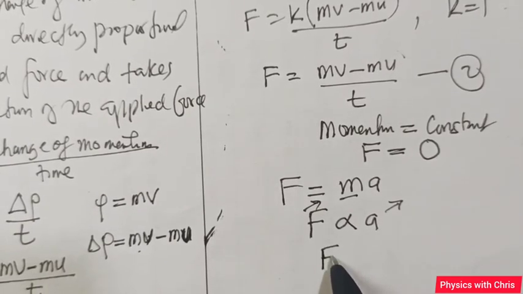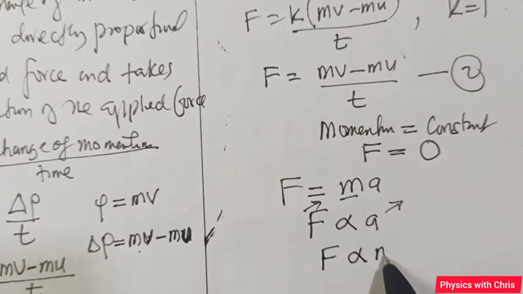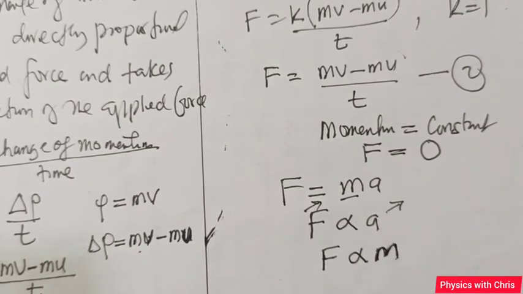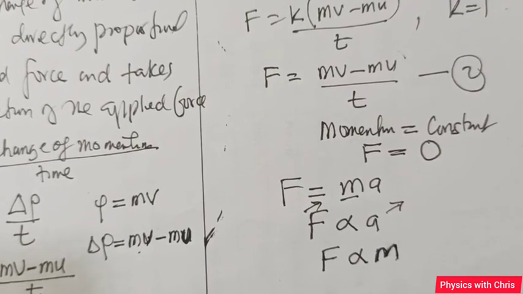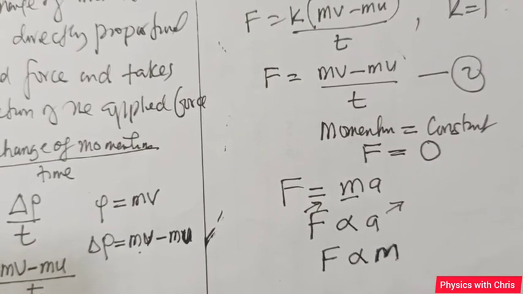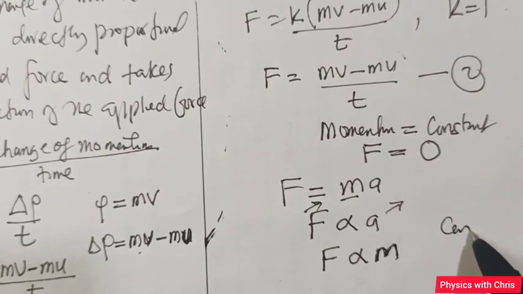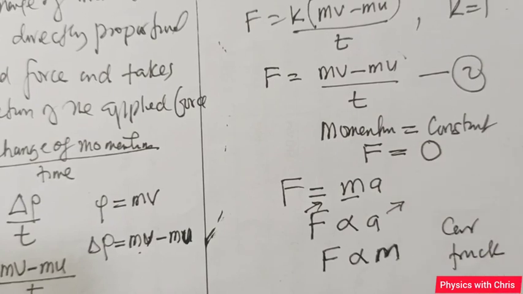Now for the same acceleration, if we vary the mass, it means that if I need to impart the same acceleration to two different masses, the one with the higher mass will need a greater force. Just like you have a car and a truck. A truck is by far heavier than a car.